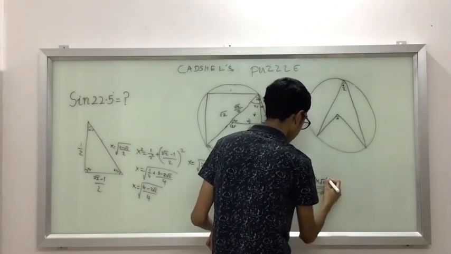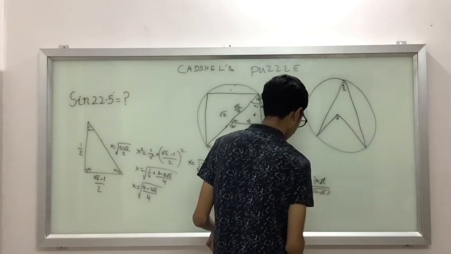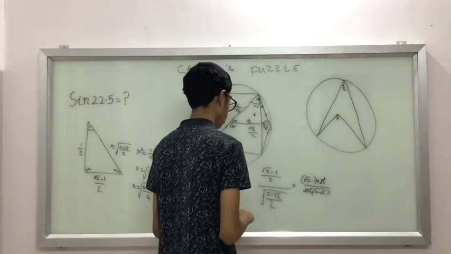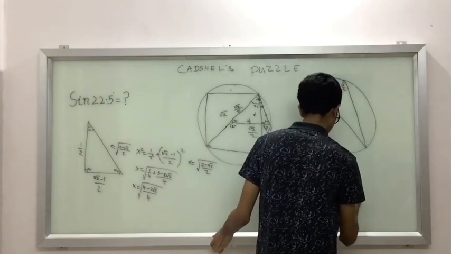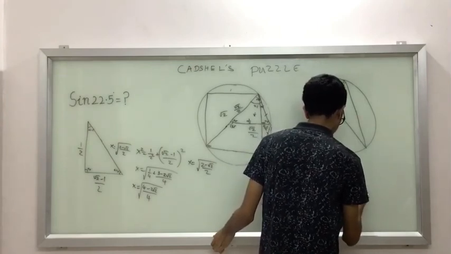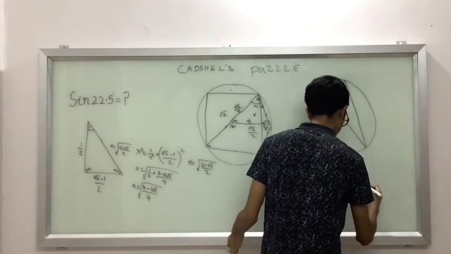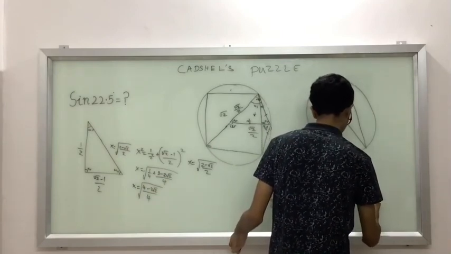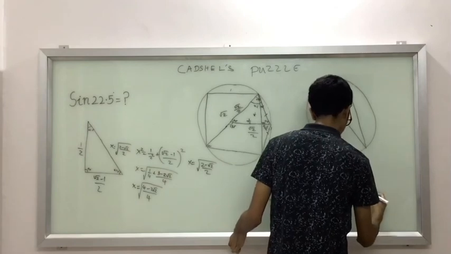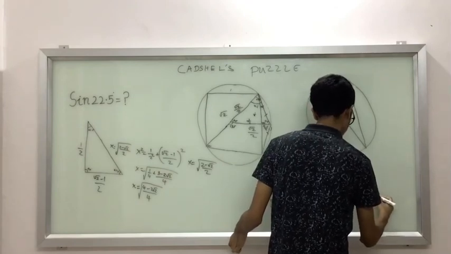Now this will cancel and this will become root 2. So sin 22.5 is equal to root 2 minus 1 by root 2 into root 2 minus root 2.